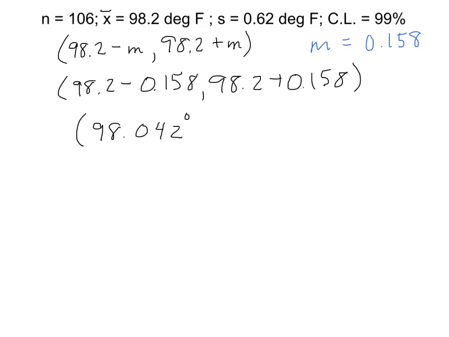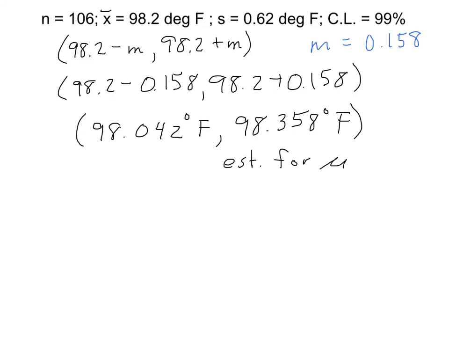And again, remember, this is degrees Fahrenheit. This is human body temperatures. And 98.358 degrees Fahrenheit. And that is the 99% confidence interval estimate for the mean. So this is an estimate for mu.